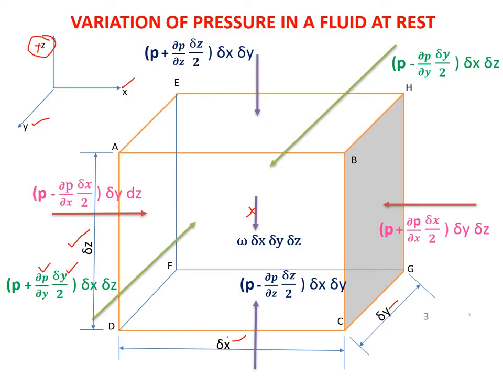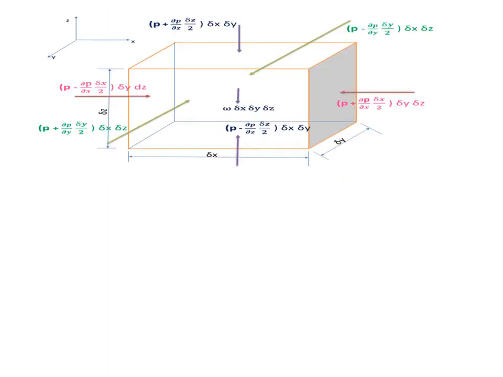Since the fluid element is in equilibrium, you can apply the conditions sigma Fx equals 0, sigma Fy equals 0, and sigma Fz equals 0. That way you will get the fundamental equations of fluid statics. The same figure is written once again so that it will be easy for you to write sigma Fx equals 0.